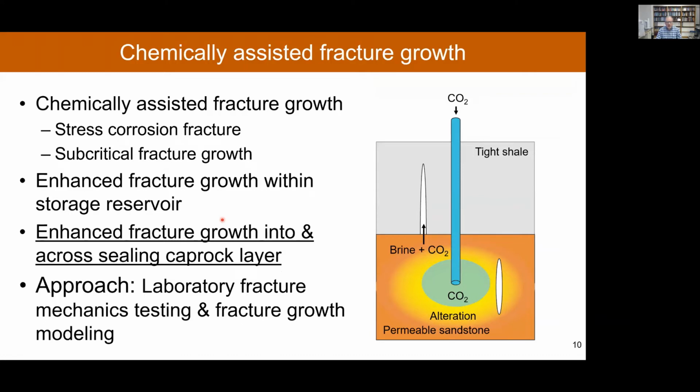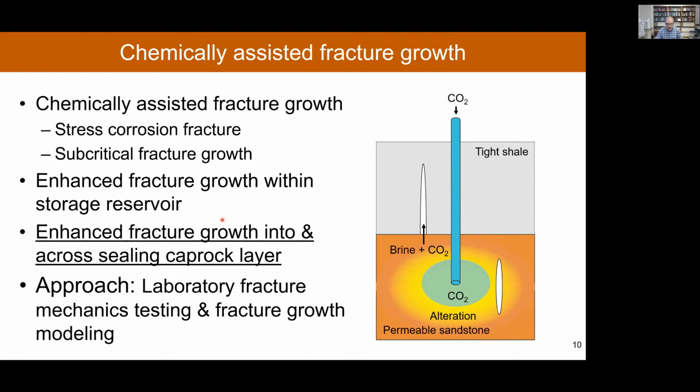So the focus here is on fracturing, not so much on fault reactivation, but faults are composed of fractures. So if we understand fracture mechanics in faults, then we have some understanding of the fault mechanics as well, especially as it addresses the leakage behavior, the flow behavior of the fault. So the key word here is chemically assisted fracture growth, which is obviously not a new topic.